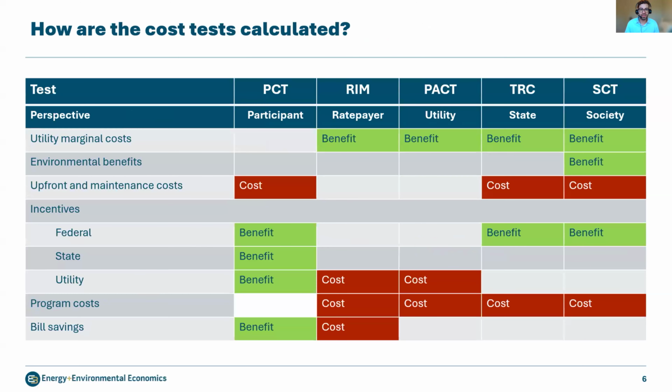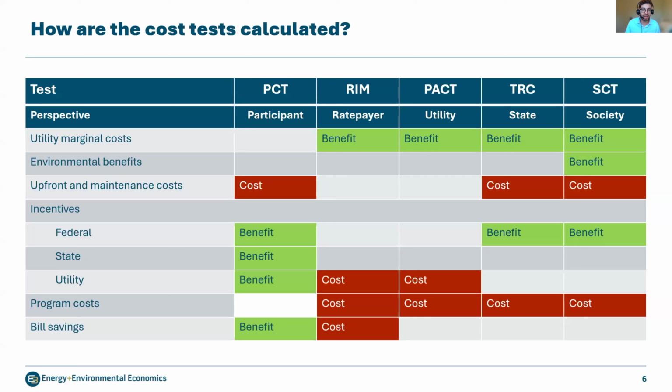So these are some examples of typical costs and benefits that we often see included in these cost tests, and from each perspective, how these components actually are incurred as a cost or benefit. So I'd say this participant column, that's sort of what we're used to seeing. There are upfront costs and maintenance costs that a customer or participant would incur.